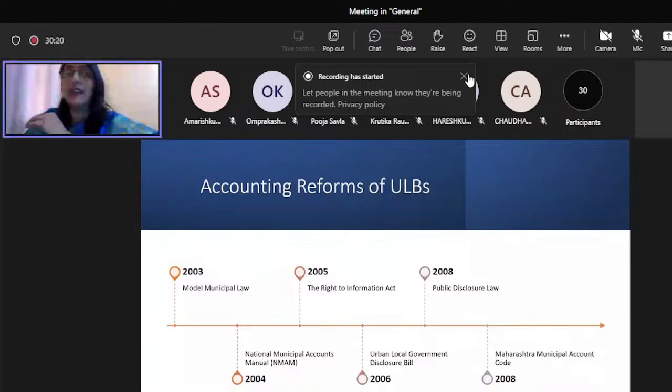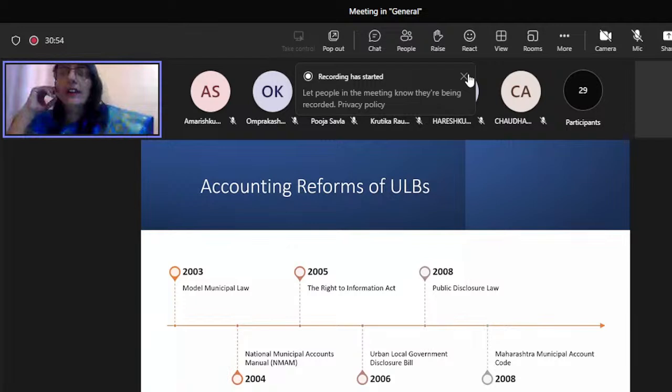Since my PhD thesis was on urban local bodies, I thought I would discuss my experience while writing the thesis on the accounting system. My thesis was on the accounting system of urban local bodies. I selected a few municipal councils of Raigad district of Maharashtra and surveyed them.